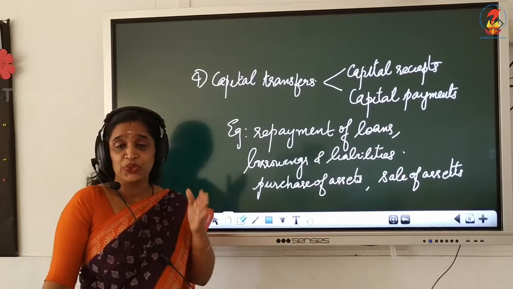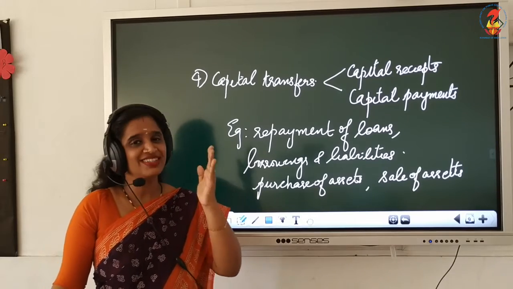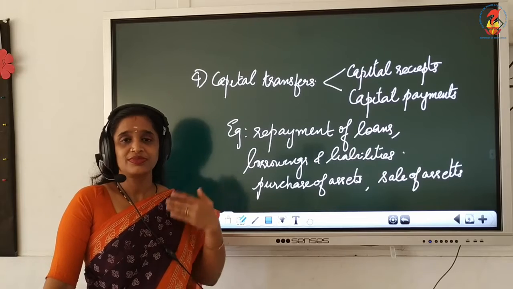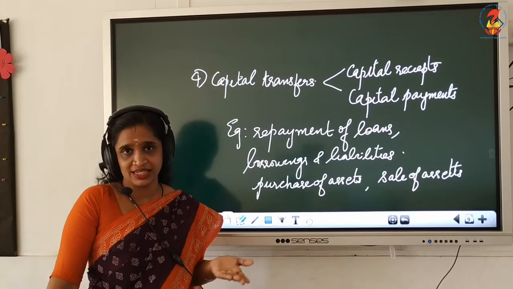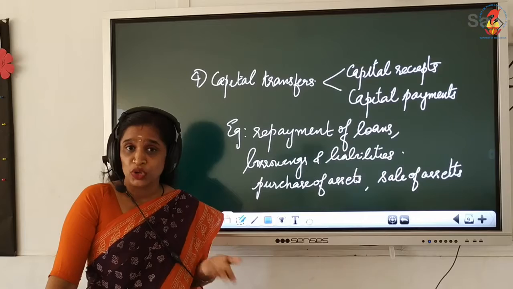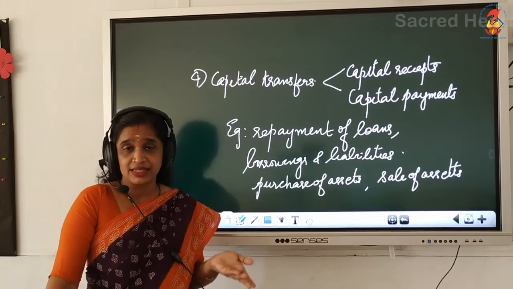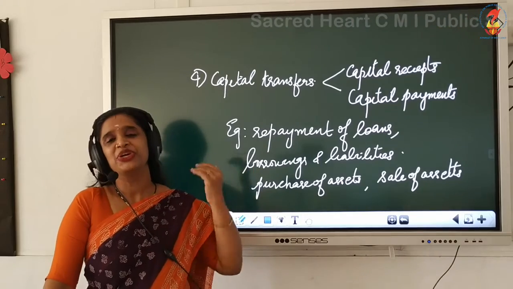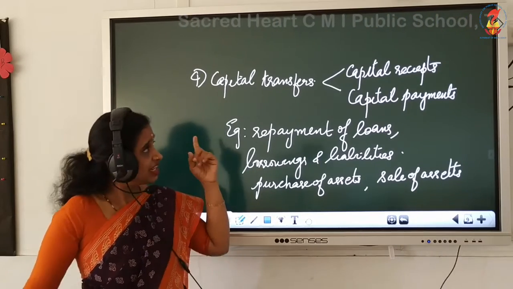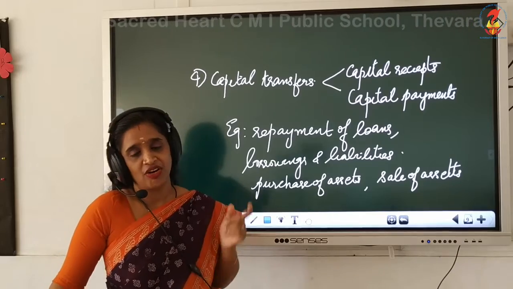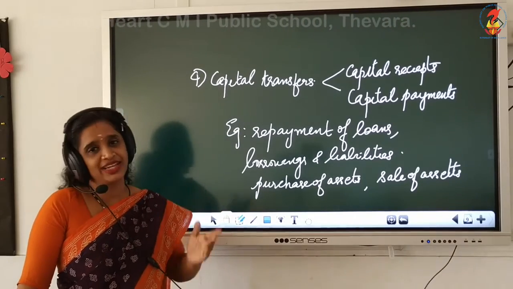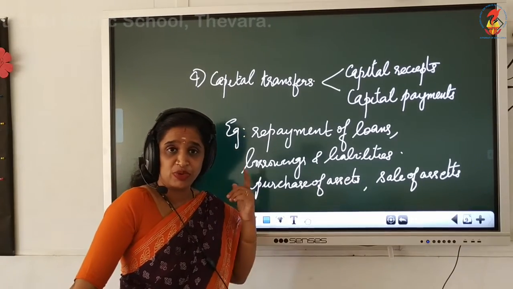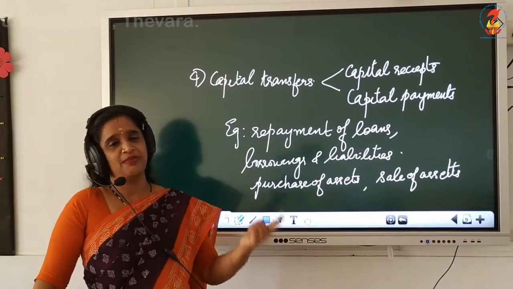Then comes unilateral transfers, which are one-sided transactions. That means it consists of financial help or assistance like donations, gifts, remittances, etc. So we have to write there receipt and payment of unilateral transfers. Then the last main item of balance of payment is capital transfers, which consist of both capital receipts and capital payments.